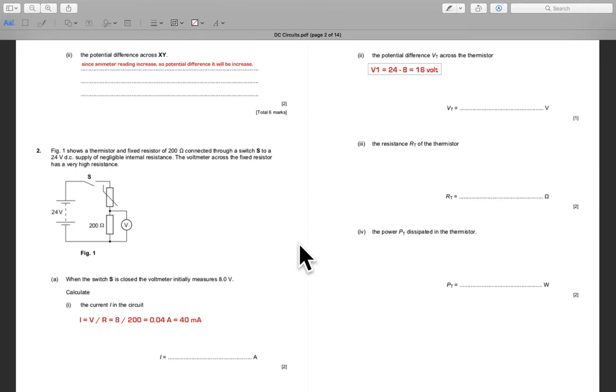Question I, the resistance R1 of the thermistor.